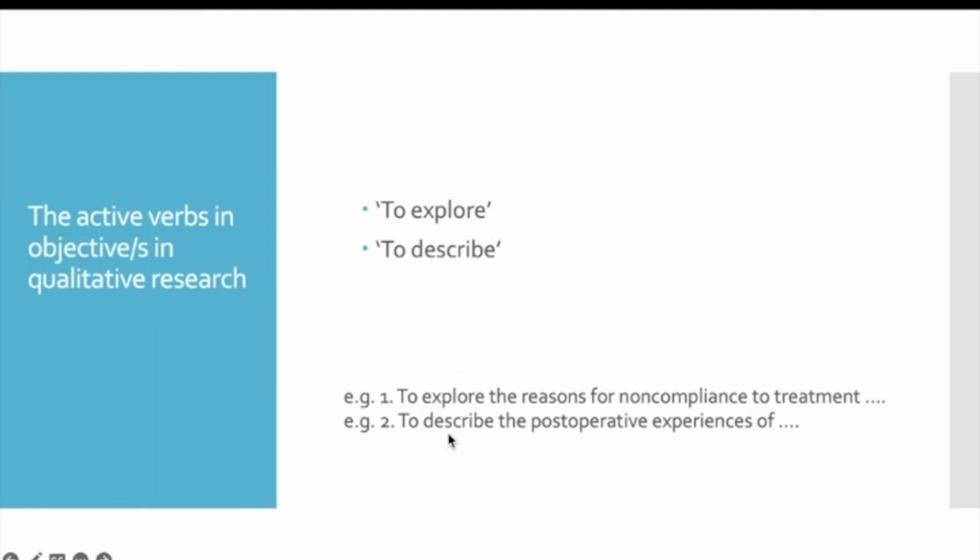So, for example, to explore the reasons for non-compliance to treatment among this type of patients, to describe the post-operative experiences of patients undergoing this surgery, right? That type of objective you may include in your study.